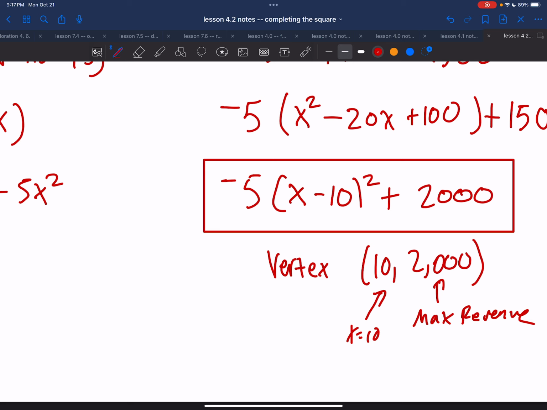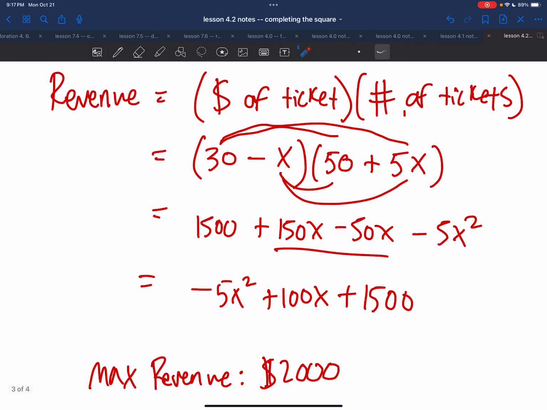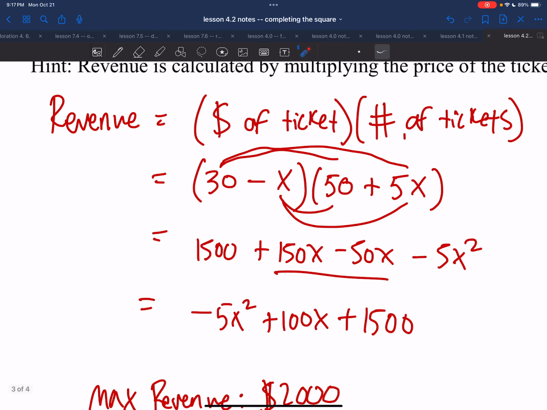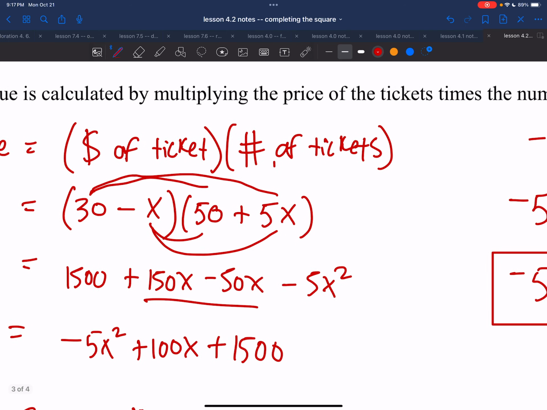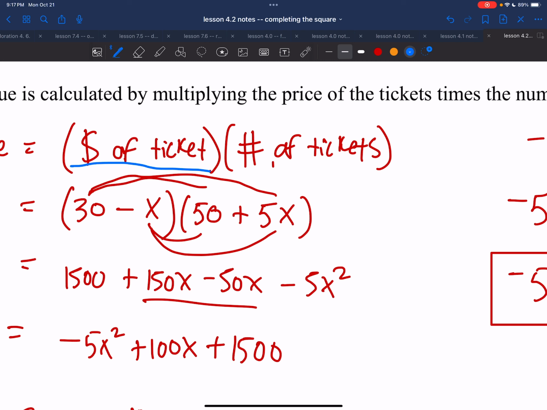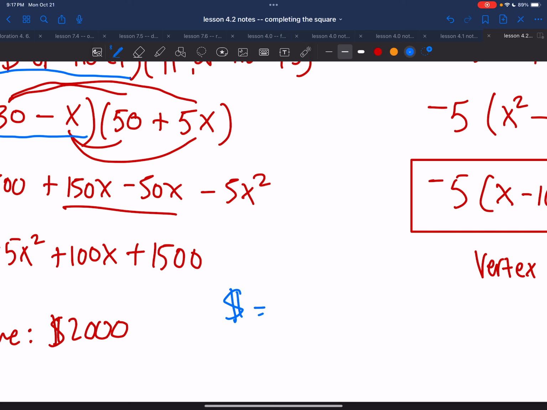And I say, no, hold on, Gary. Remember, X was the dollar decrease, right? What we found is that when X is 10, that maximizes revenue, but the price of the ticket was given, I'm going to do this in blue, by 30 minus X. So the price is going to be 30 minus X, where X is 10. 30 minus 10 gets me $20.